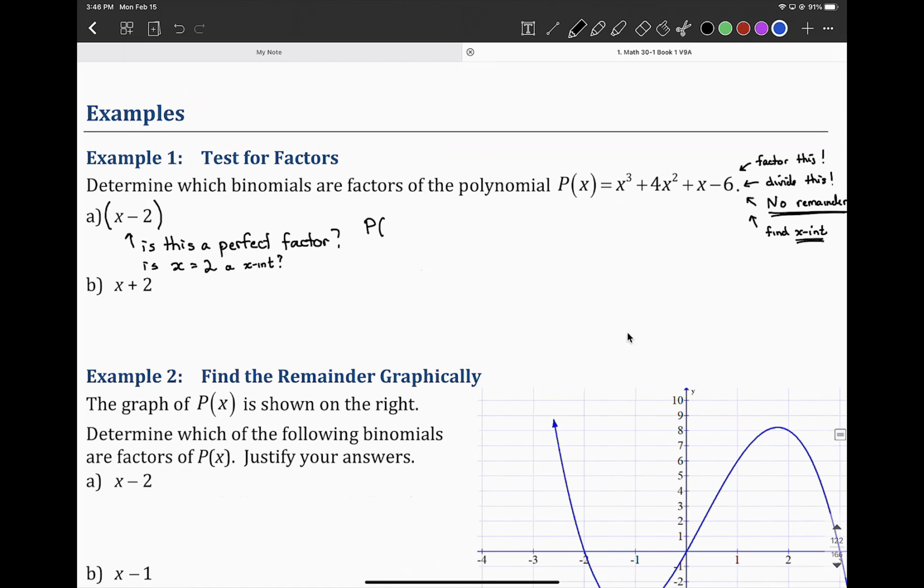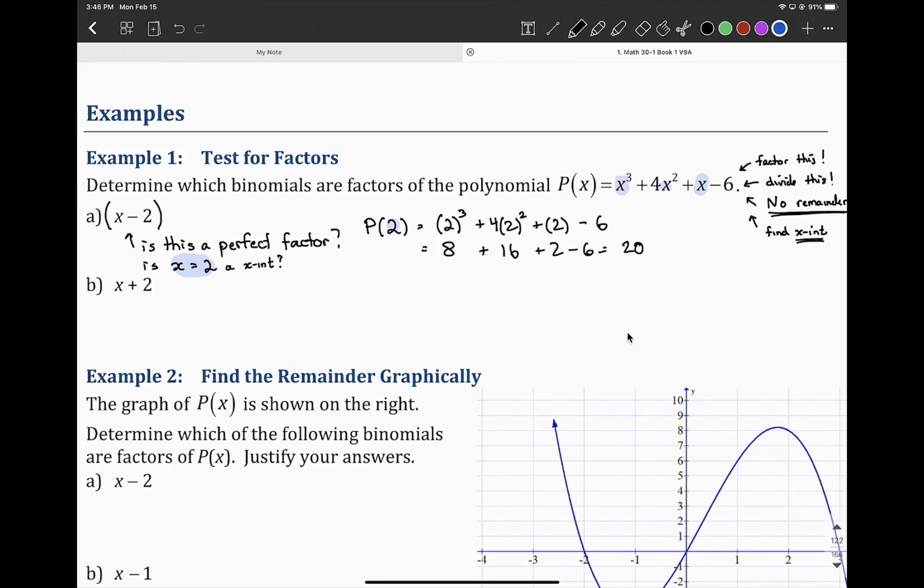Let's put 2, the potential x-intercept, into every x. Let's see what happens. What's it going to say? When I put 2 cubed plus 4 times 2 squared plus 2 minus 6, it's going to come up to 8 plus 16 plus 2 minus 6, which comes out to 20.